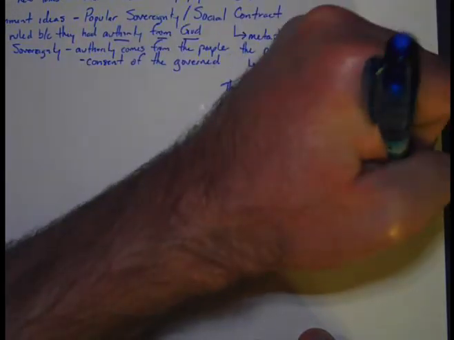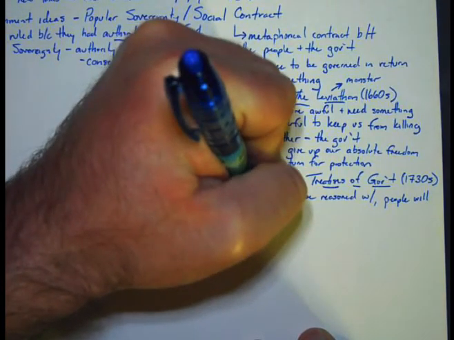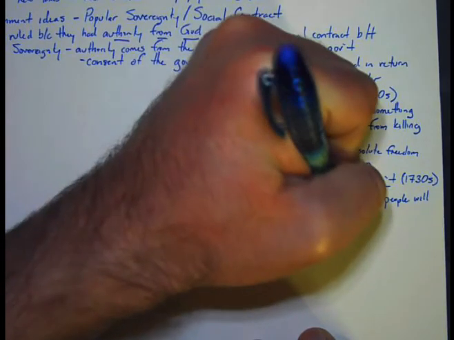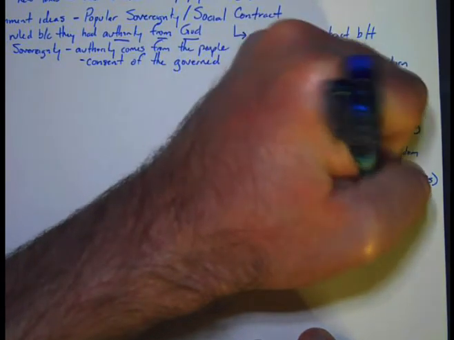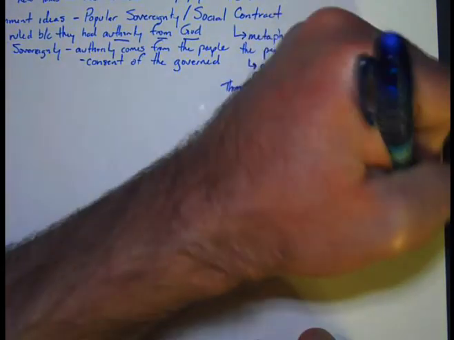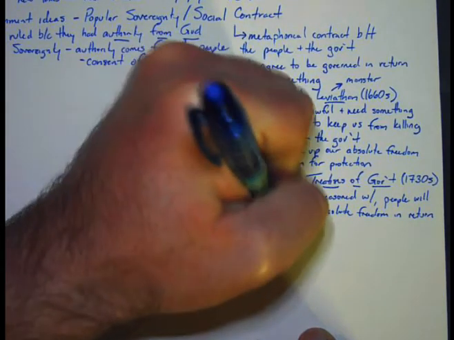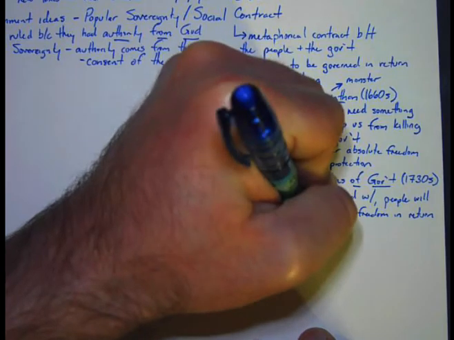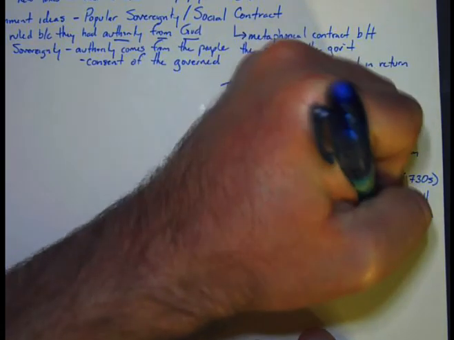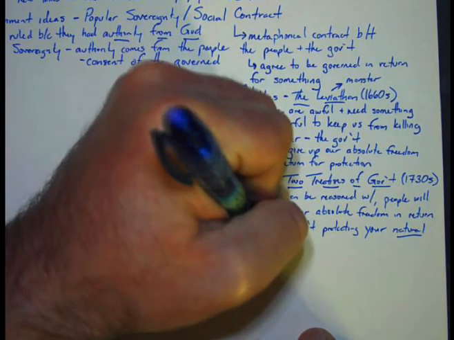He says, people will give up their absolute freedom, just like Hobbes says, in return for the government protecting your natural rights.